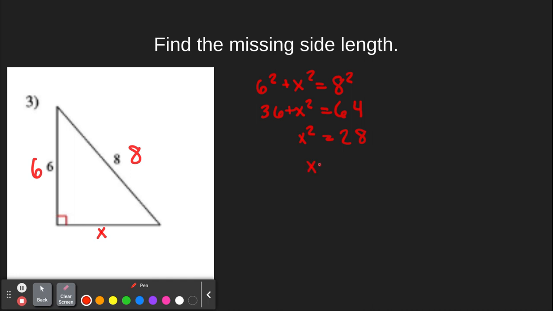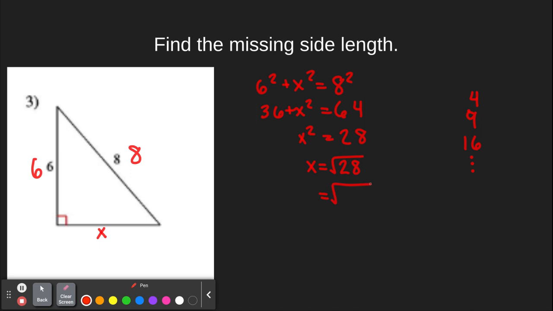Therefore, x equals the square root of 28. Like I said earlier, we're going to simplify that radical, to get a little extra practice in doing that. If you don't remember how to do that, we want to look at what perfect squares can go into 28. So recall the perfect squares: 4, 9, 16, and so on. 4 goes into 28, specifically it goes into 28 7 times.